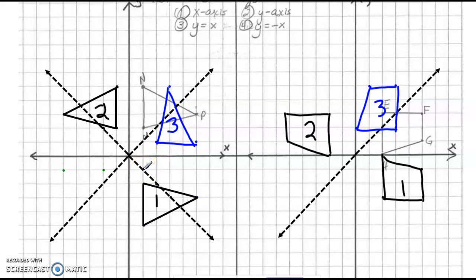So I'm going to go 4 squares diagonally the other direction. 1, 2, 3, 4. And I'm going to connect those points, and that will be the image of triangle NMP reflected over the line y equals negative x.